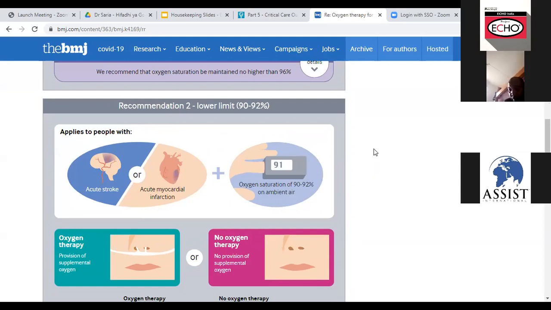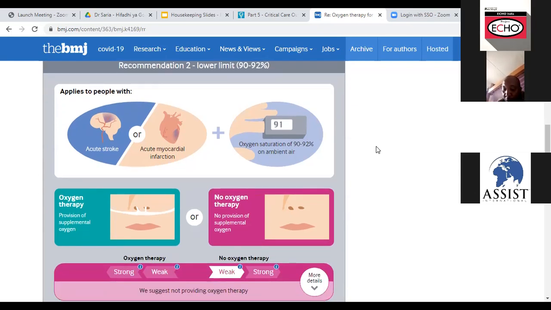So that's why they don't recommend giving oxygen if their saturation is between 90 to 92, unless it's below this range, 90 to 92, you can consider giving them oxygen. So we say that if the saturation is between 90 to 92, we don't suggest providing oxygen therapy to this one.